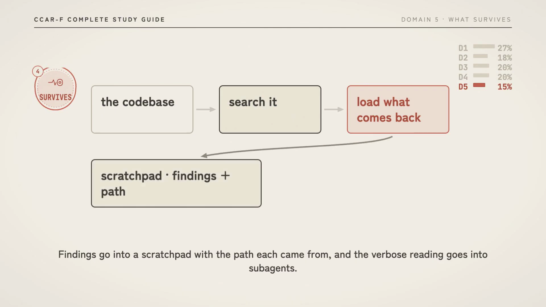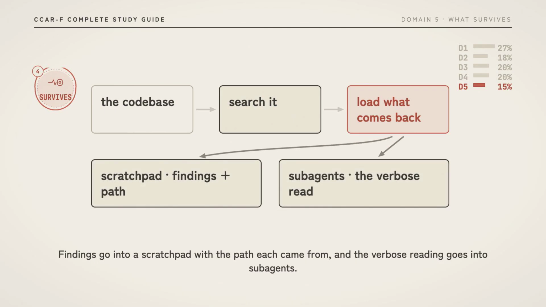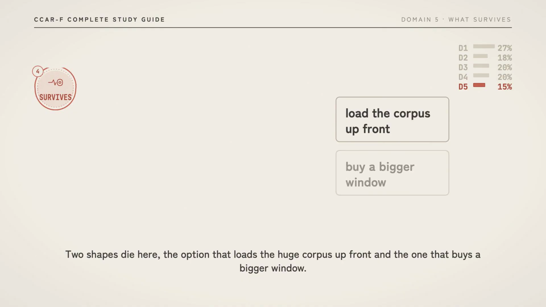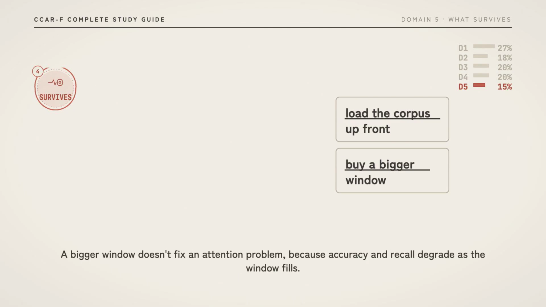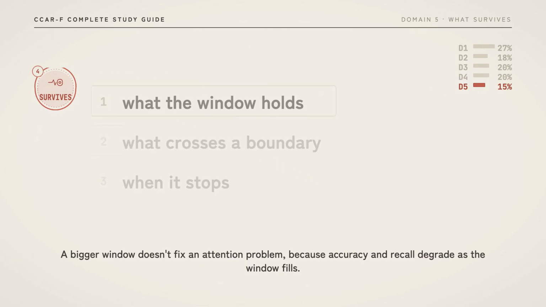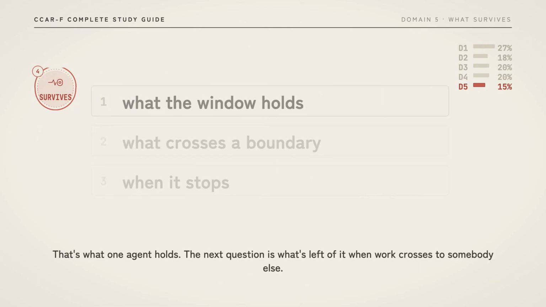Findings go into a scratchpad with the path each came from, and the verbose reading goes into subagents. Two shapes die here: the option that loads the huge corpus up front and the one that buys a bigger window. A bigger window doesn't fix an attention problem because accuracy and recall degrade as the window fills. That's what one agent holds.